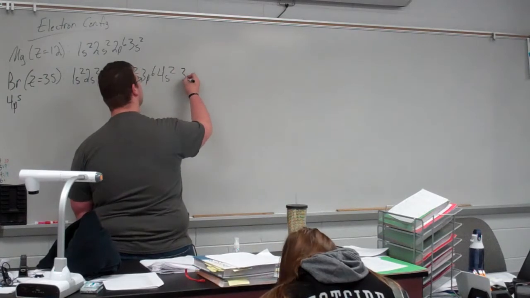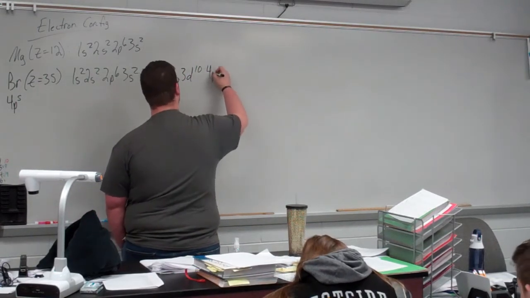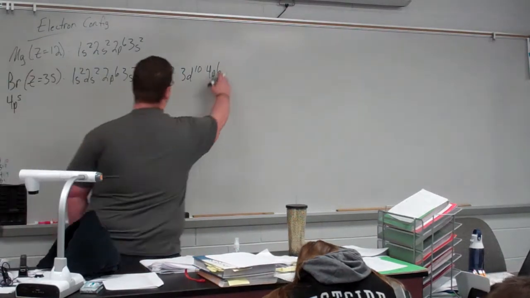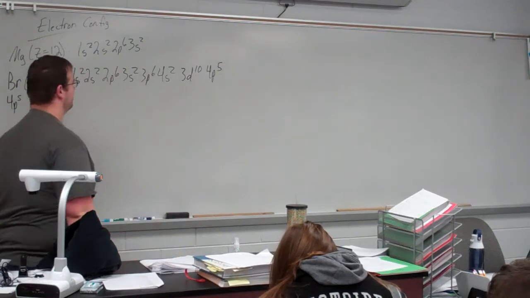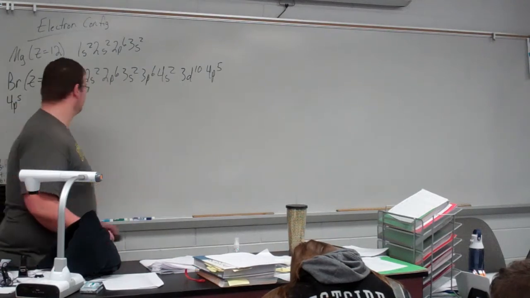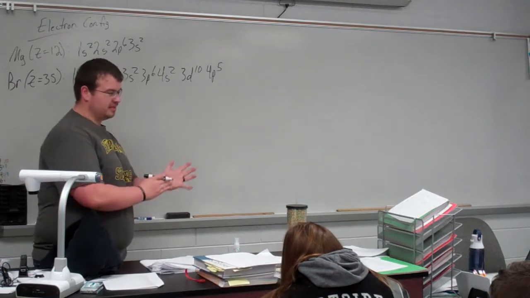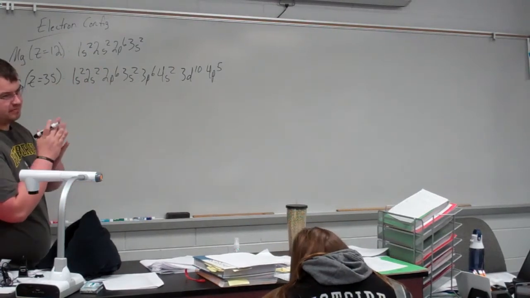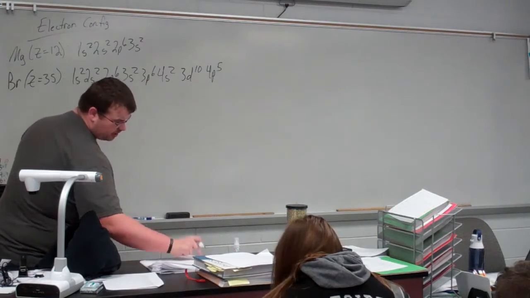Do not forget 3d10, 4p6, 5, because we stopped at 4p5. I'm starting to get bored with them. Next stuff is fun. Like I can keep doing those for a while. All right, bromine's done.